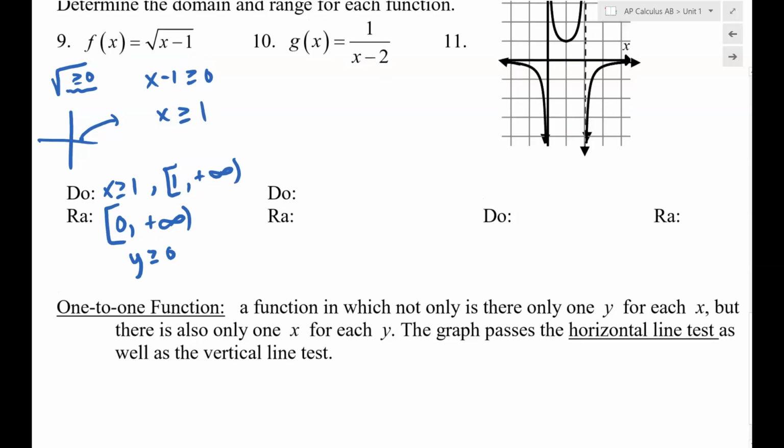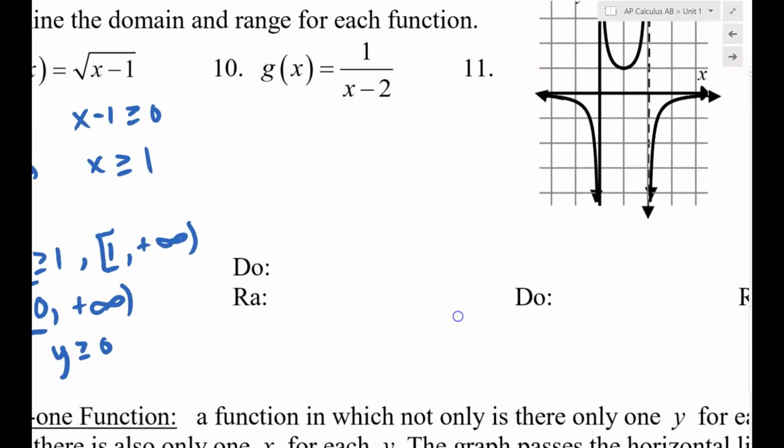For number 10, number 10 is a rational function, right? And with rational functions, aka fractions, we have to worry about the denominator not being 0, right? The denominator cannot equal 0. So I take x minus 2, set it equal to 0, and solve, and I say, hey, x cannot be this, right?